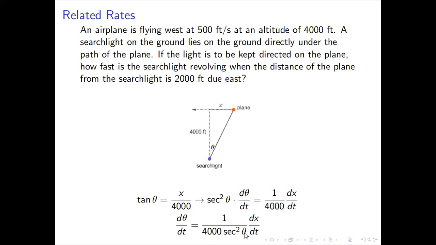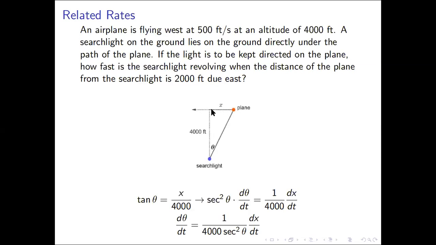Now, it is not hard to see from the problem that this is given. Is it? Yes, it's given. So its value is 500 feet per second. So the airplane is flying westward at this rate, 500 feet per second.